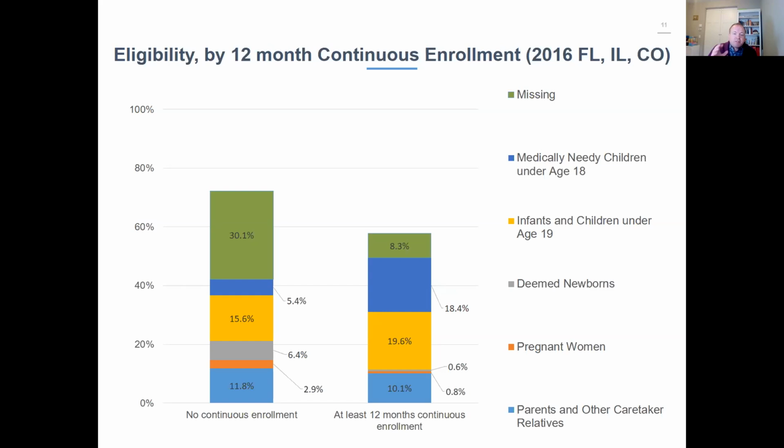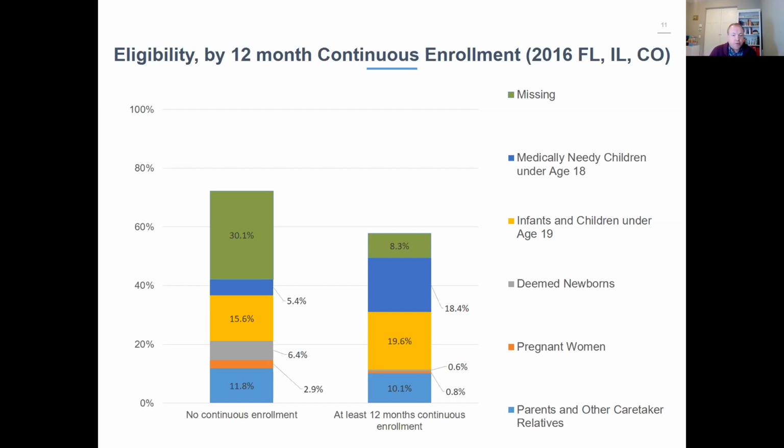One more example. Now, these don't add up to 100%. We took a few categories of eligibility. And again, looking across just in 2016, this 12-month continuous enrollment, the percent of people who are missing their eligibility information, we left them in this sample. The percent of people who are missing does drop. And if you were going to exclude them anyway, maybe that's okay with you.